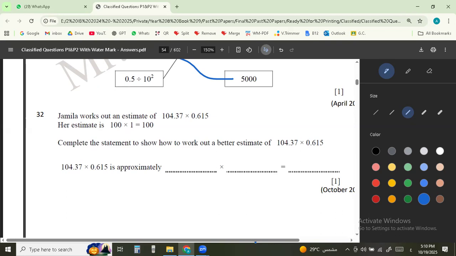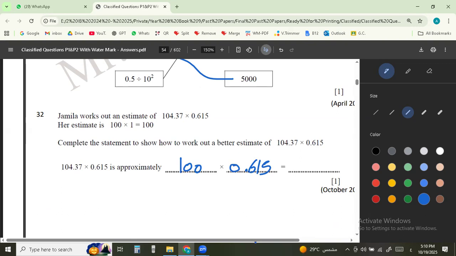Can I do something that is better than that? Yes, I can. Rounding this to the nearest hundred would be okay, no problem. I'm going to write here 100 as she wrote, multiplied by, but I'm going to write the same thing exactly with the other. I don't need to round it. That's going to give me a better estimation.